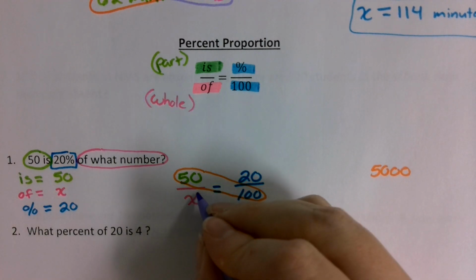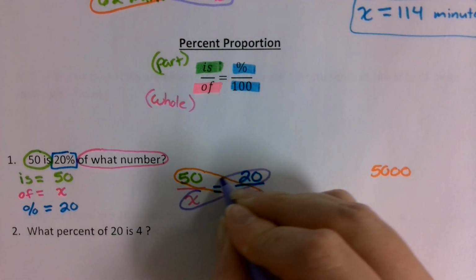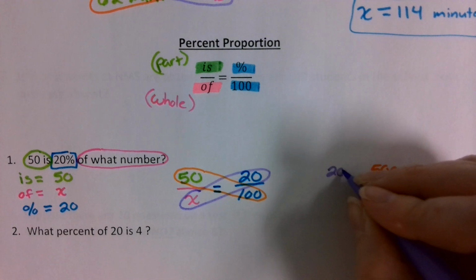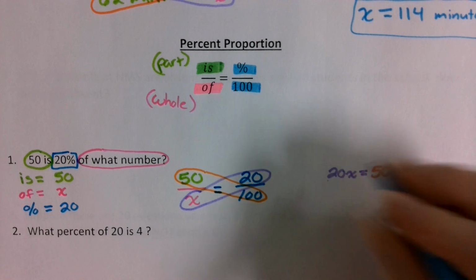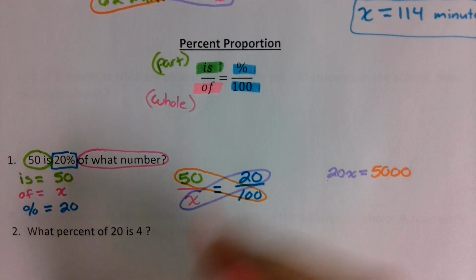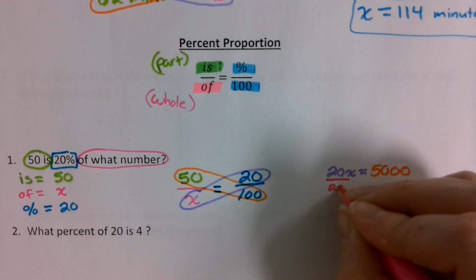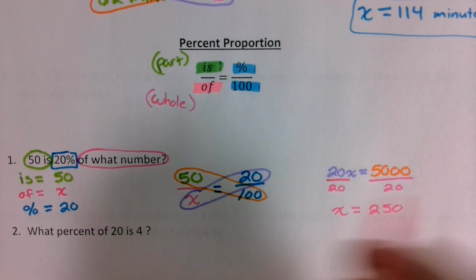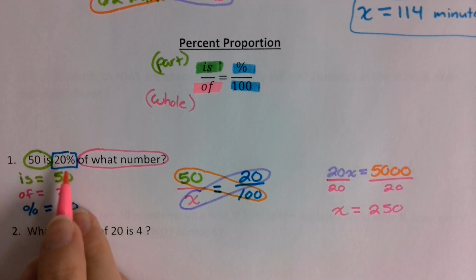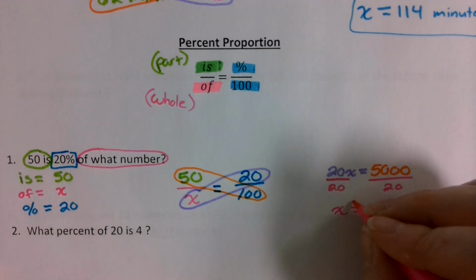We multiply x times 20, and that gives us 20x. And then we would divide. I'm going to go ahead and divide in pink because I know that my whole is what's missing. And so I'll find out that the whole is 250. So 50 is 20% of 250.